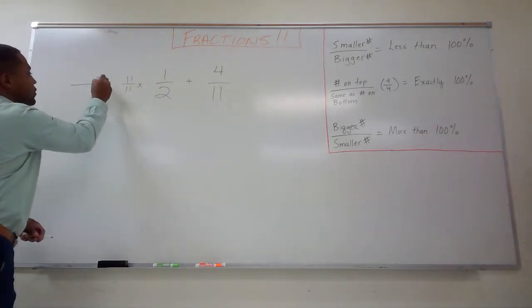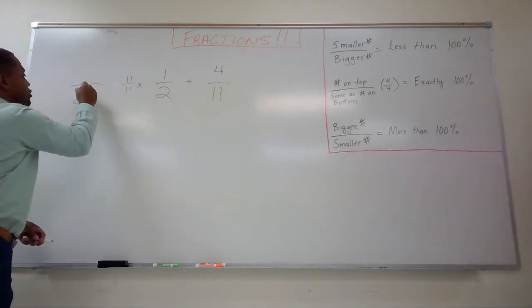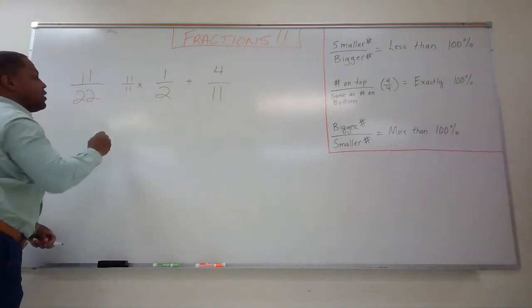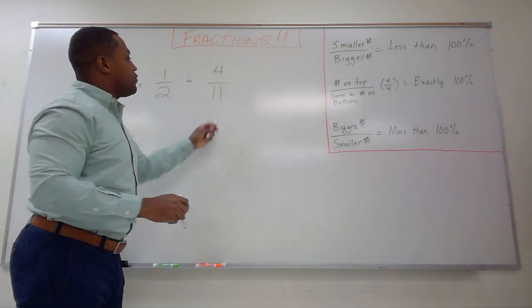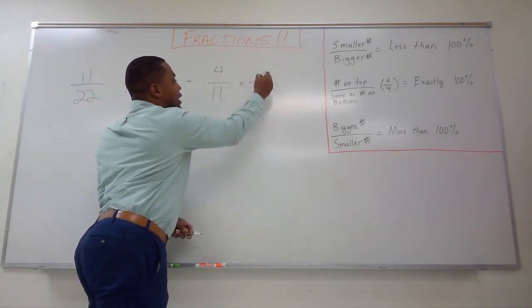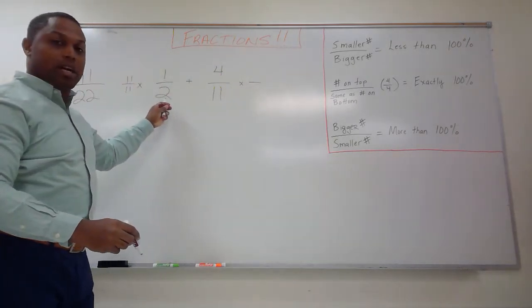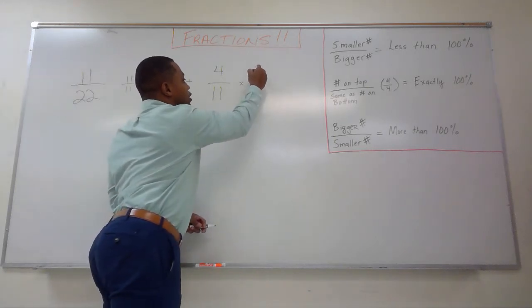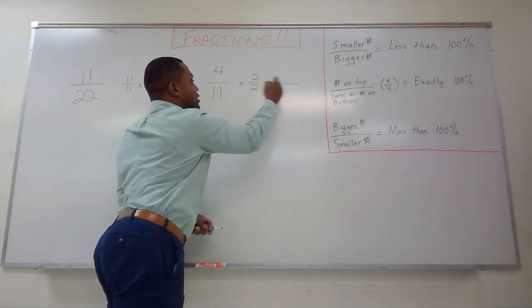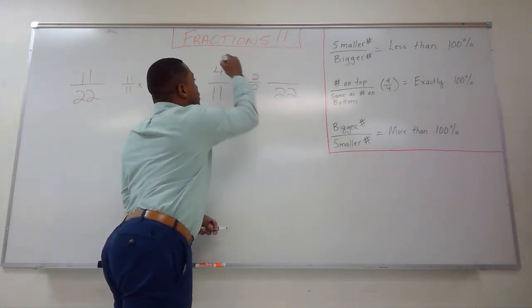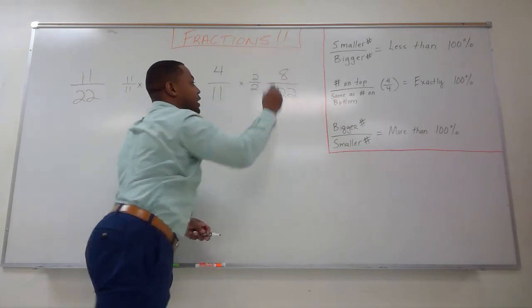So 2 times 11, we know that's 22. 1 times 11 is 11. And I'm going to multiply this fraction, top and bottom, by this denominator, 2 here and 2 there. 11 times 2 is 22. 4 times 2 is 8.